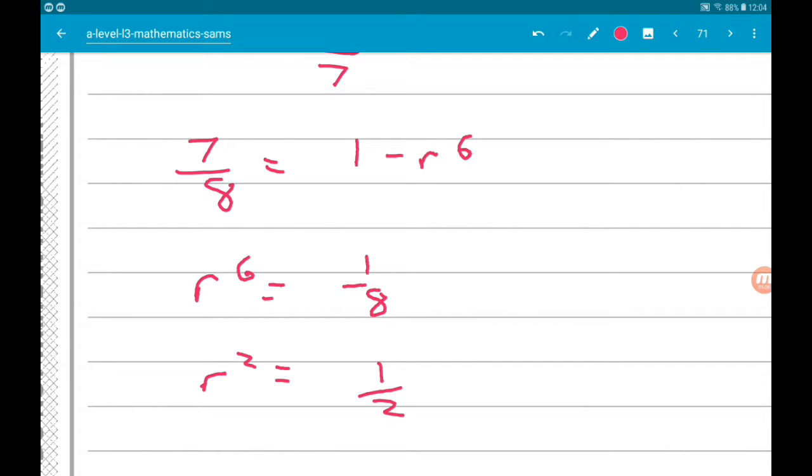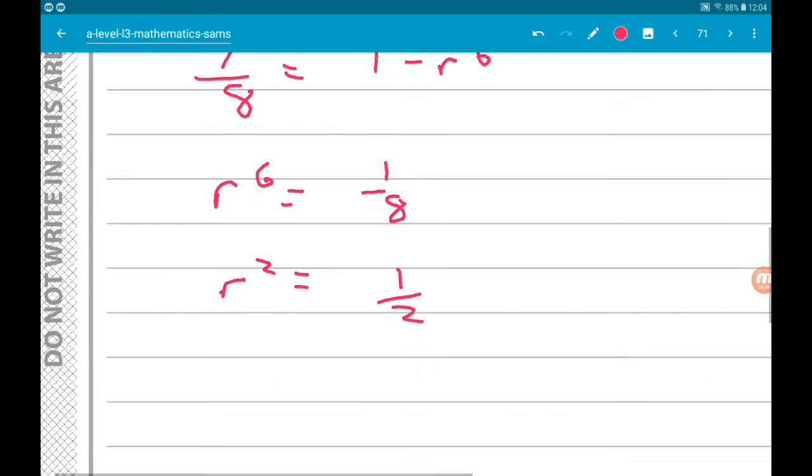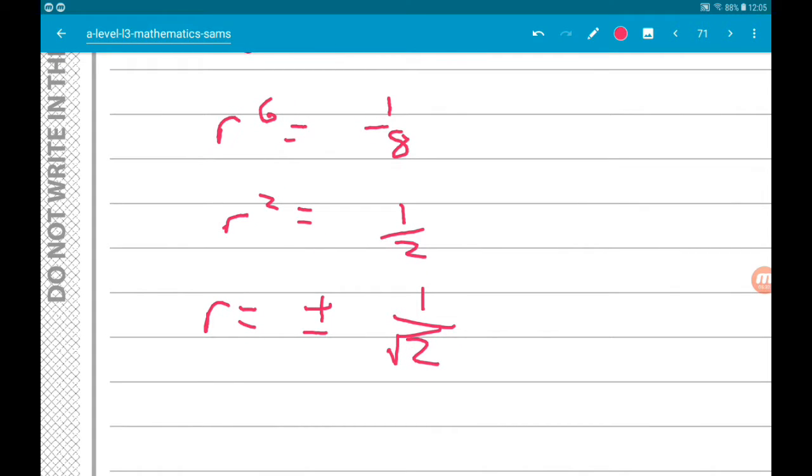And if we square root, we get that R is plus or minus 1 over root 2. Therefore, K is 2.